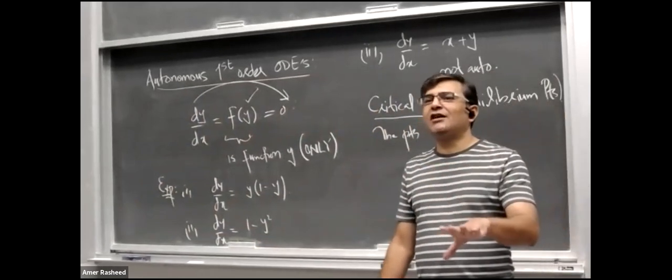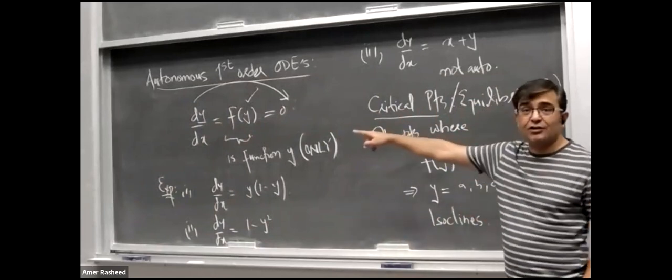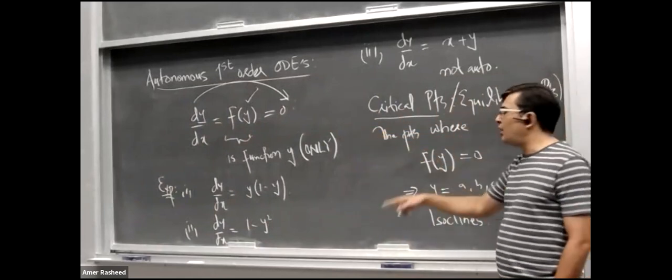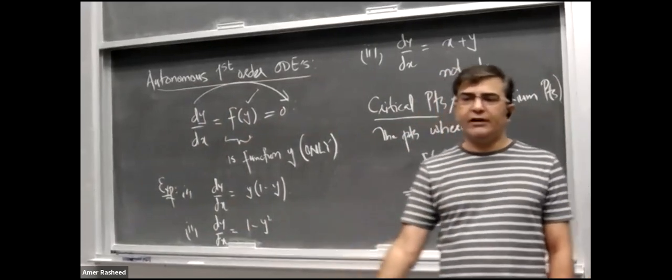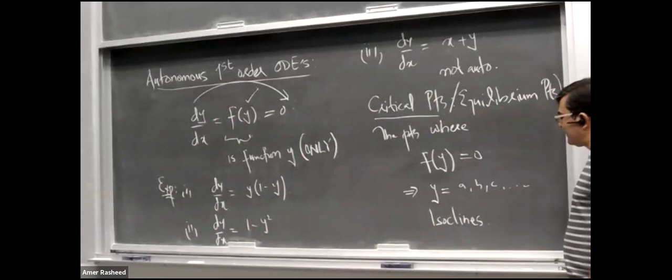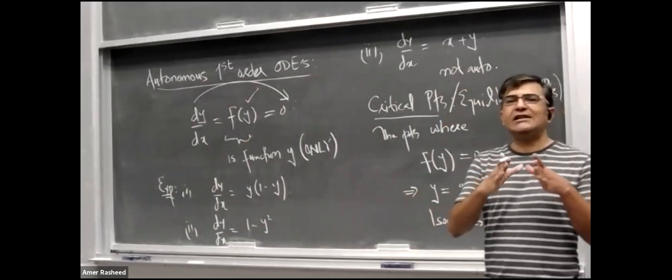And the solution curves of that first order differential equation cannot cross these isoclines. This was what I was talking about when I told you earlier that the solution curves cannot cross isoclines.